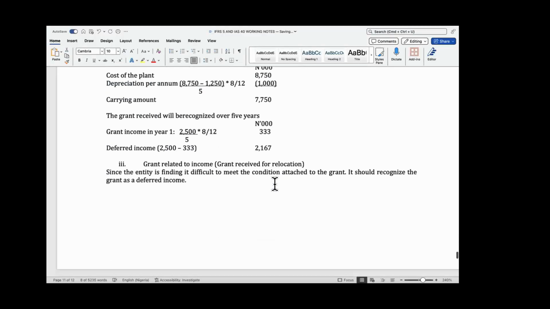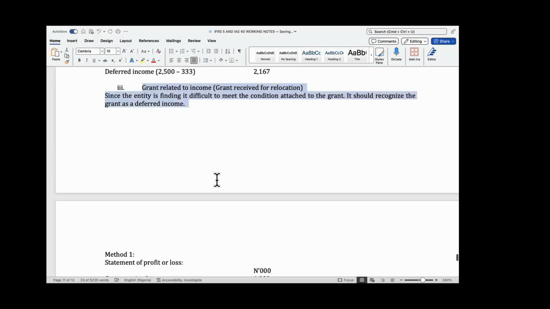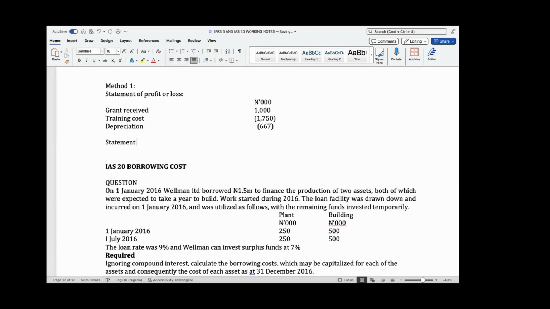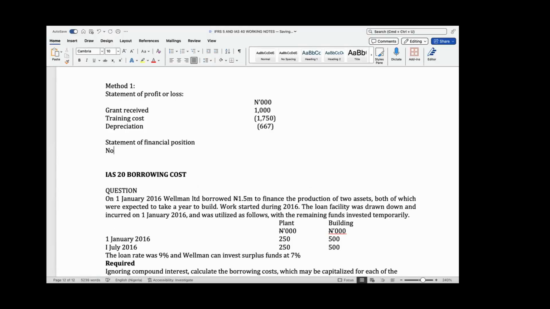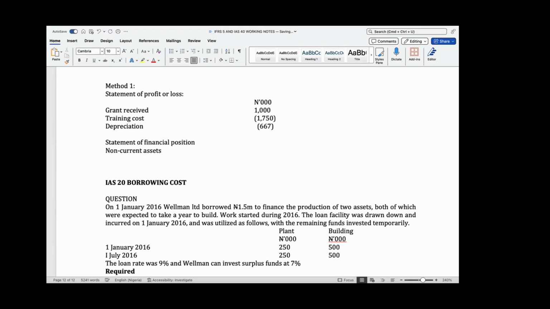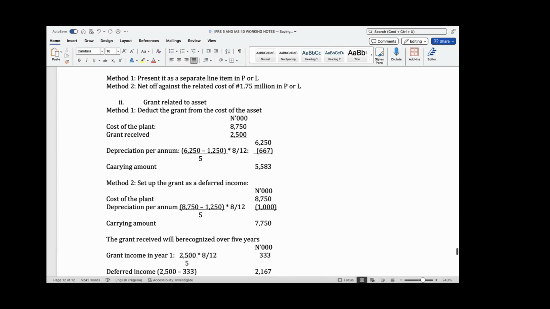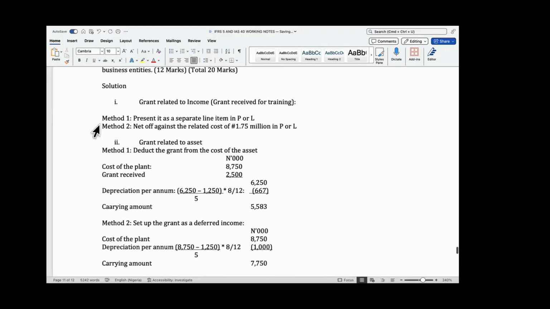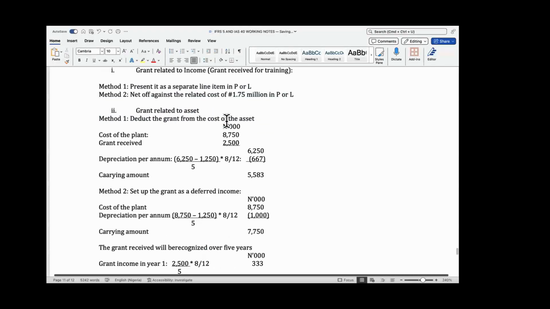And there's no method 1 here. This is going to statement of financial position. In my statement of financial position, under my non-current assets, I'll have my plants. Under method 1, there's nothing going to statement of financial position for the first grant.